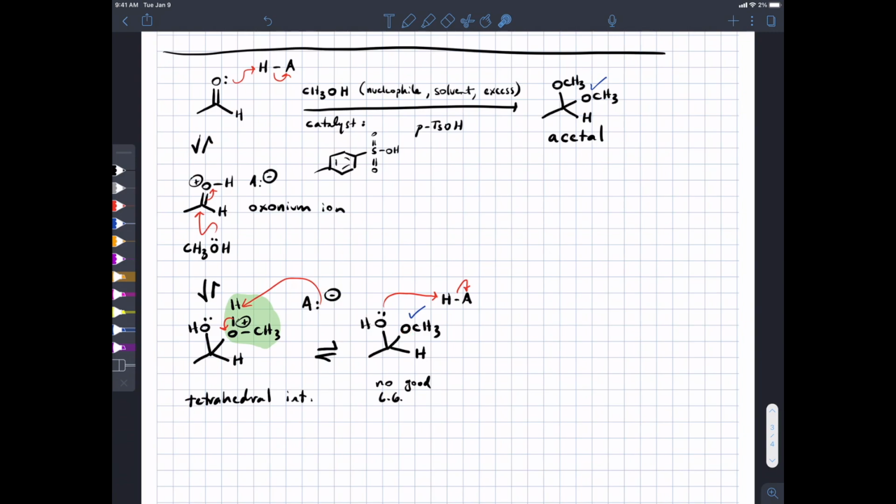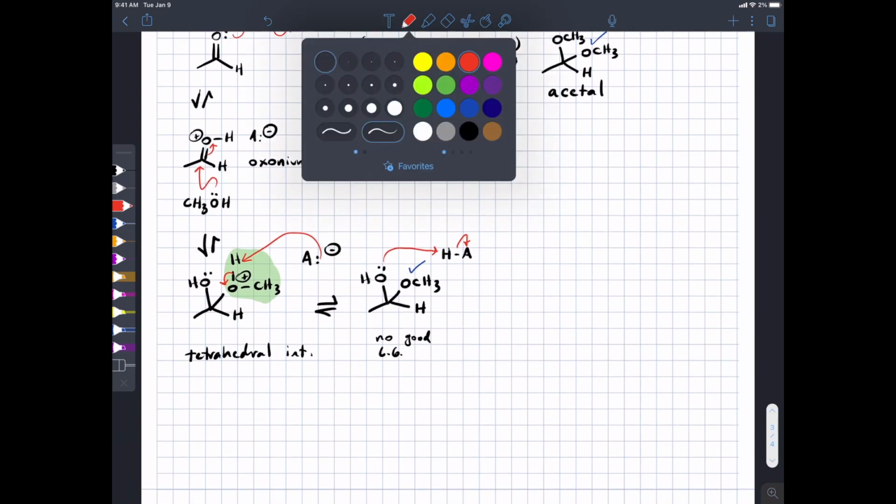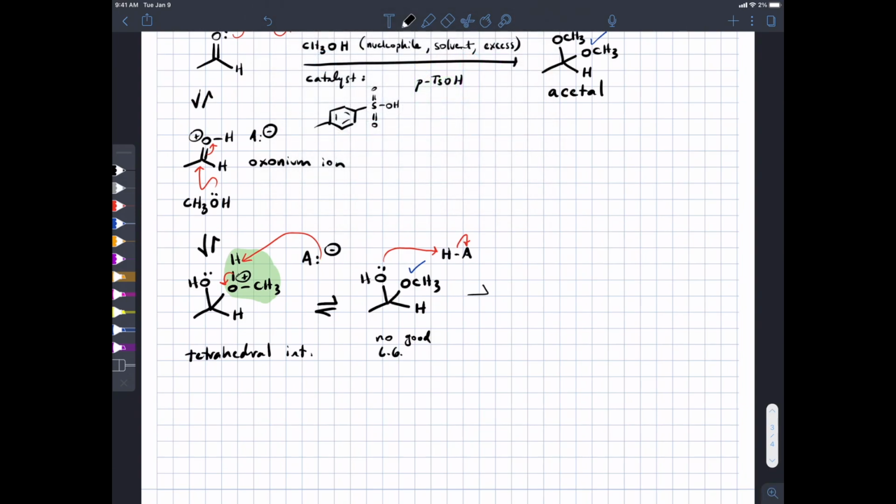And I said, sometimes the acid does protonate the methanol oxygen, and if that happened, we would just be going backwards to the previous step. That's why this is an equilibrium arrow. But if we protonate the OH group, that will convert the neutral OH group into a positively charged group that is now a good leaving group and can leave as neutral water.